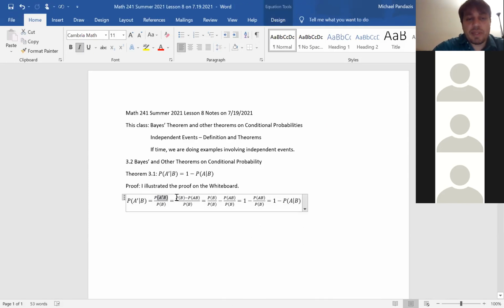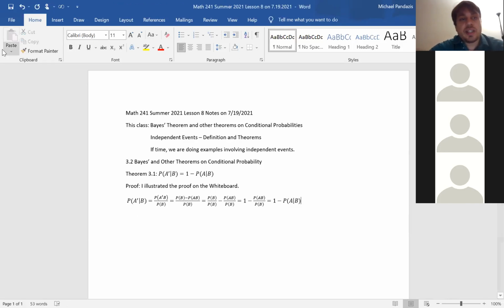So the probability of A prime B is equal to this minus this. Then divide by B, you get P of B over B minus P of AB over B. That's 1 minus this. By the definition of conditional probability, this is equal to the probability of A given B. That's now you get that this is that, okay? But you might also want to look at the picture I drew on the whiteboard to understand that.